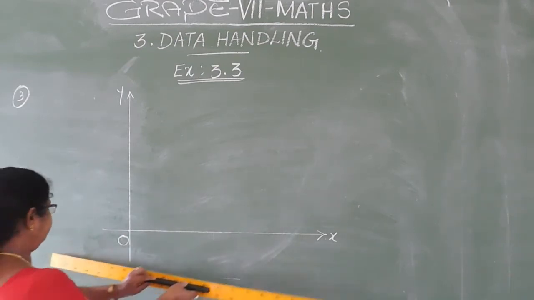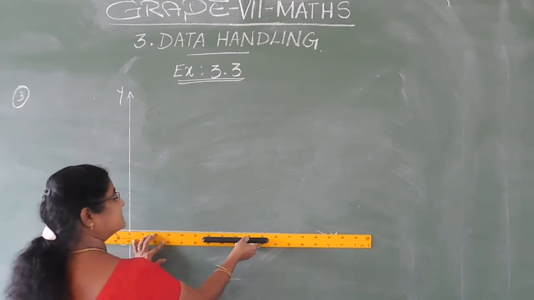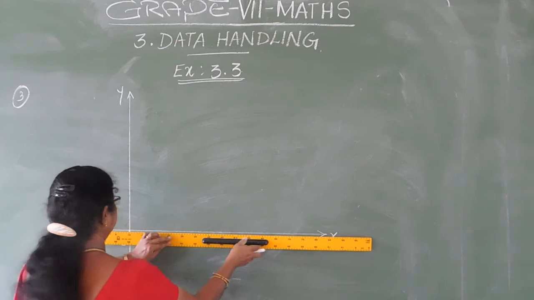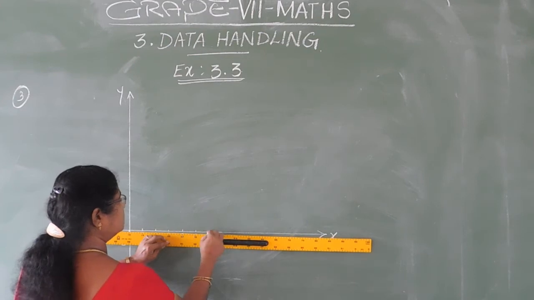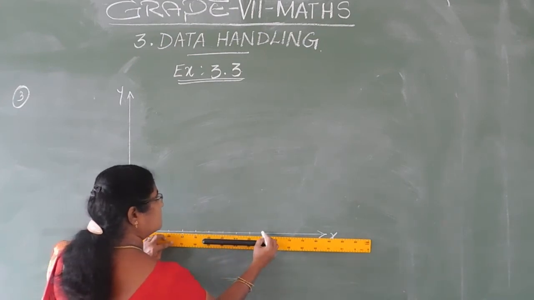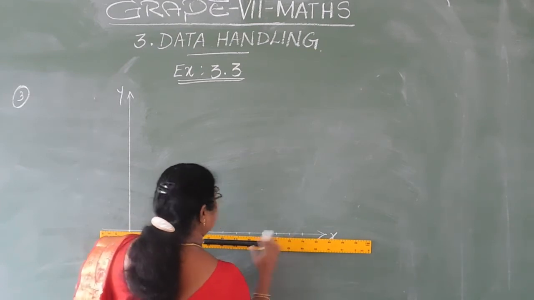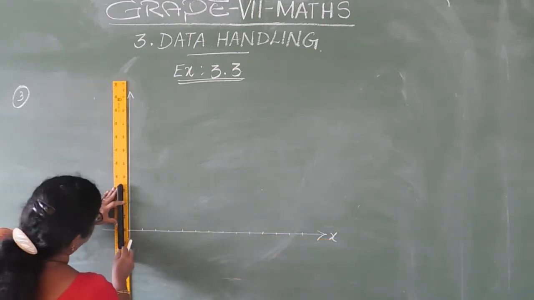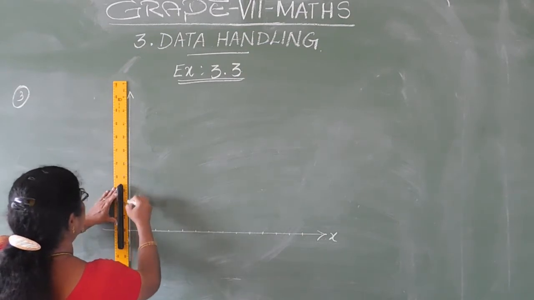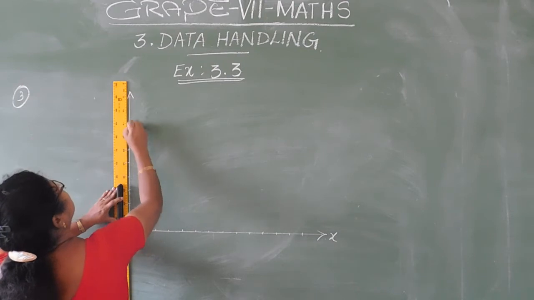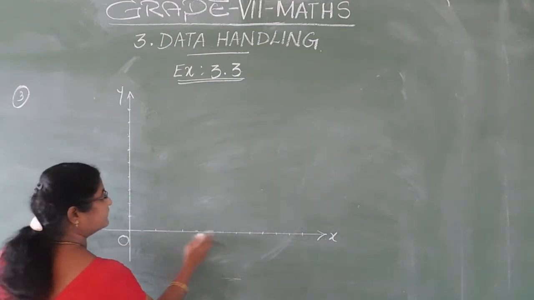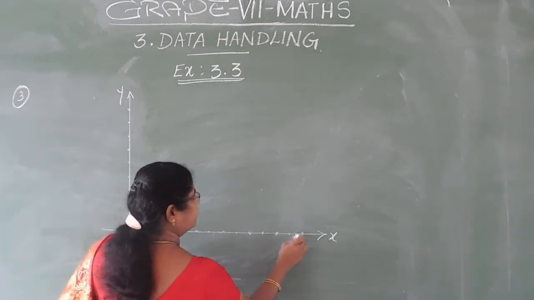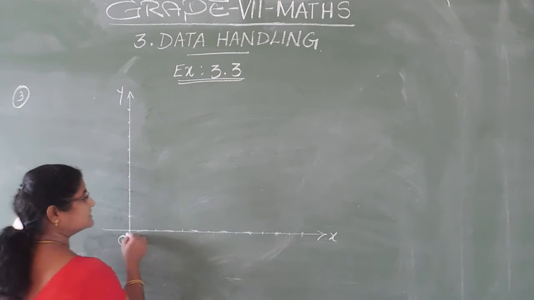Next, mark it in each box. I take 2 boxes. Okay. This is each box.